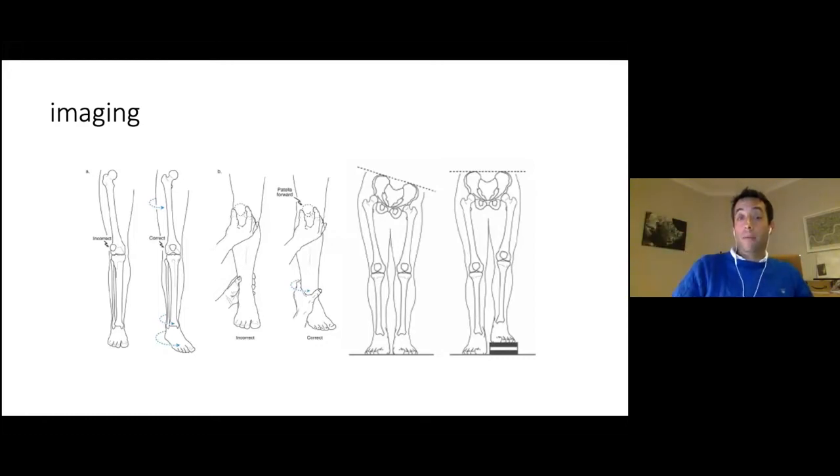So it's really important we understand that. And then similarly, length issues can cause apparent varus and valgus of limbs if you don't stand the patient on blocks. So again, it's really important that you stand your patients on blocks and level the pelvis when it comes to imaging.